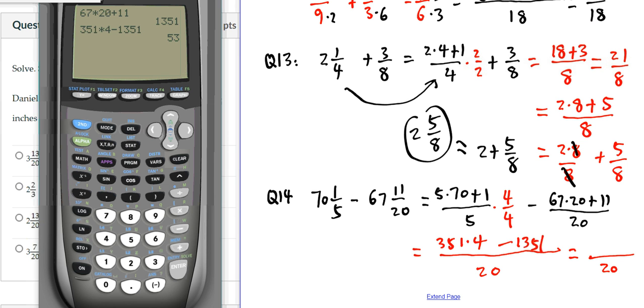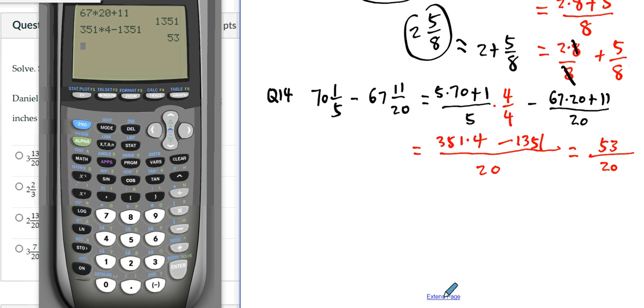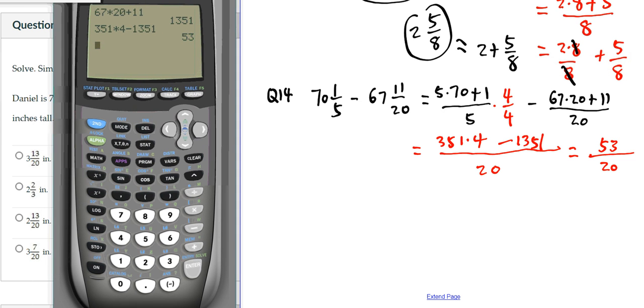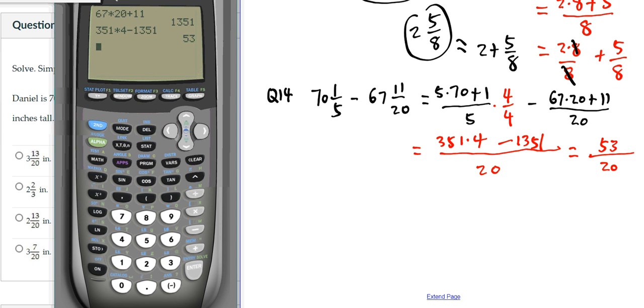You hit enter, you have 53 here. 53 here, that's an improper fraction. What we need is the form where we want the integer out, because that will give us a very concrete idea how much exactly Daniel is taller.